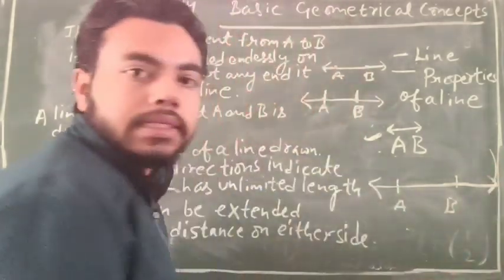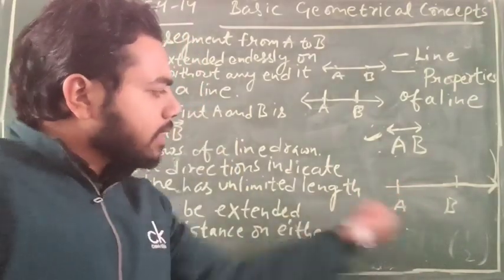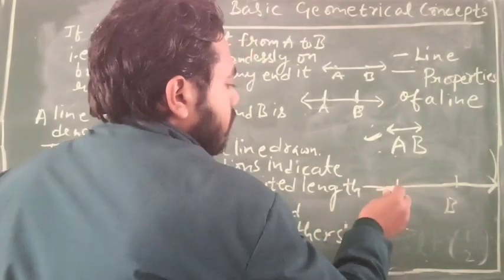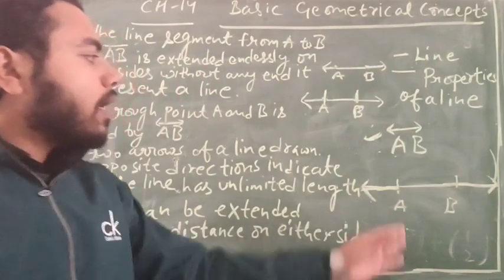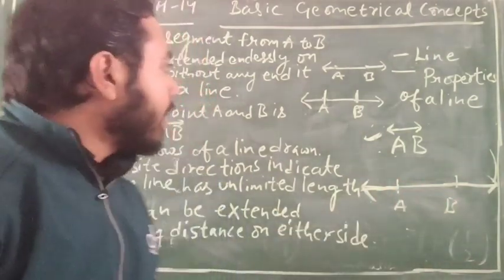Suppose we have to extend it in the direction of A, so you extend it here also. So a line can be extended in both directions.